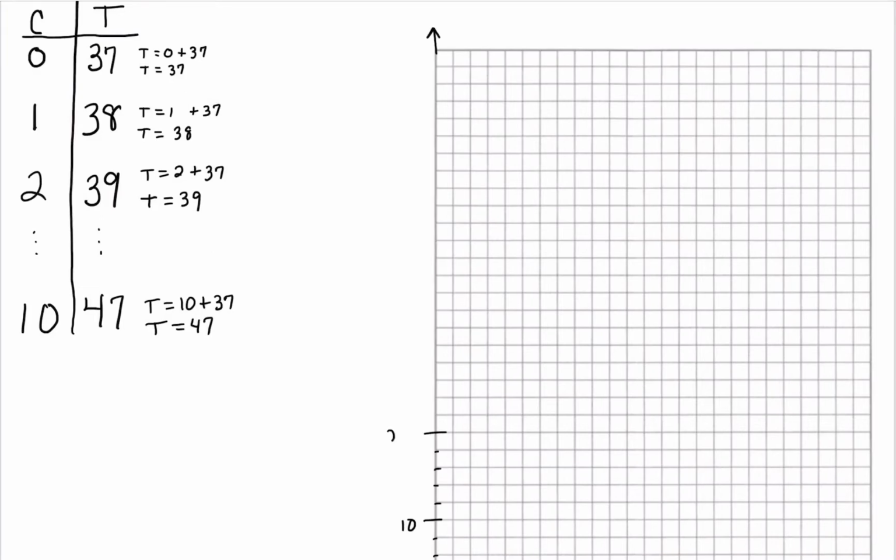Sometimes if we're doing a sketch like this by hand, it might take a little bit to find the right increments so we can get a decent enough sketch on our coordinate plane. So basically, since I'm counting up by 2s, every increment of 5 is going to then be an increase of 10.